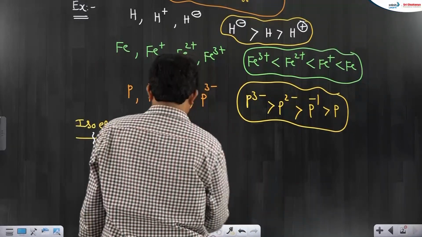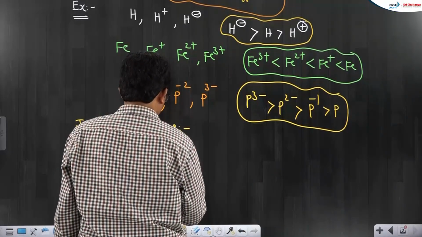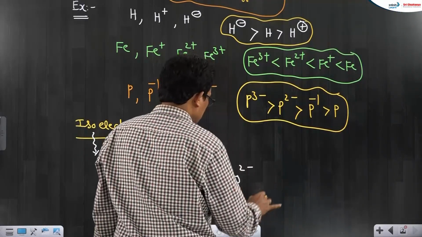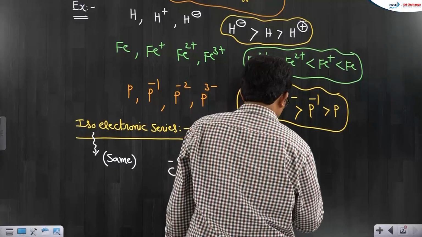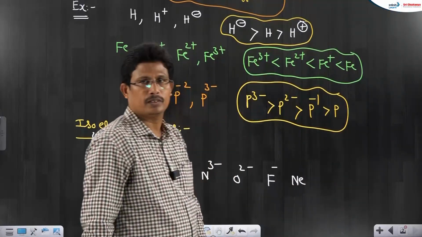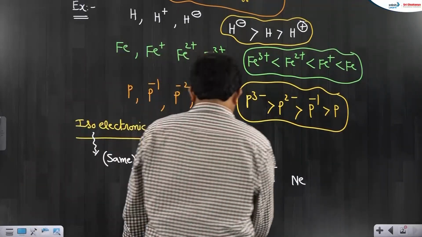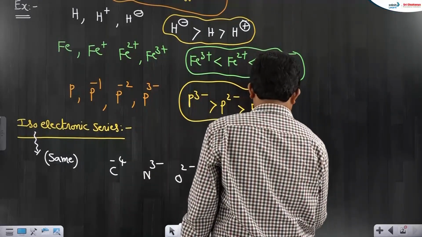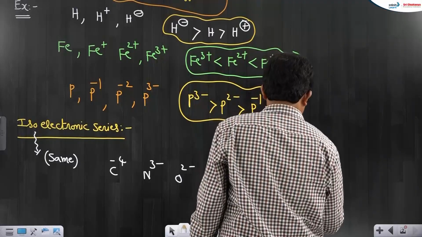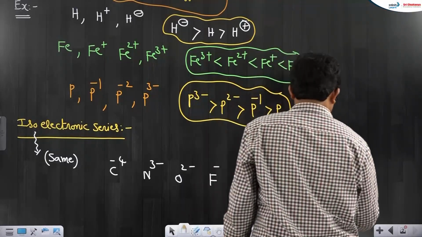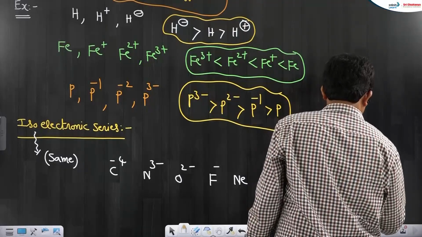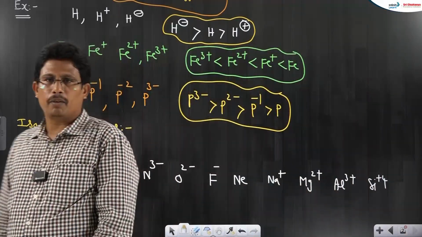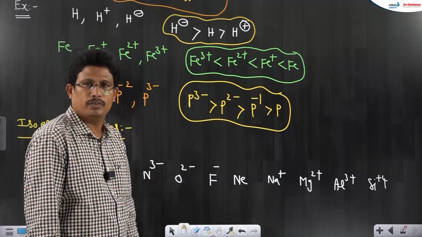For example, carbide ion, nitride ion, oxide ion, fluoride ion, neon, sodium ion, magnesium ion, aluminium ion, silicon ion. All ions are mixed along with the neutral atom.